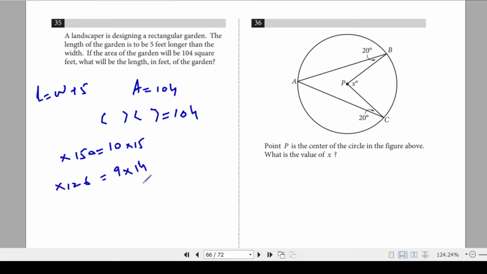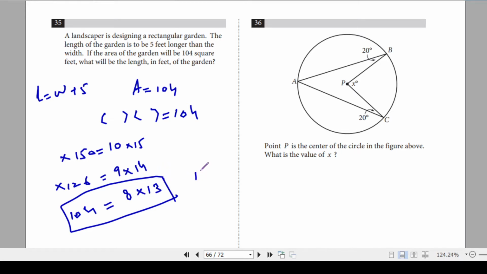You have to go down still. So take 8 and take 13. The difference is 5. Boom, 13 8s are 104. So the length is 13 and the width is 5 less. That is 8. So the length is 5 more than the width. Okay. So this is how you do this type of question. The answer is 13 in this case.